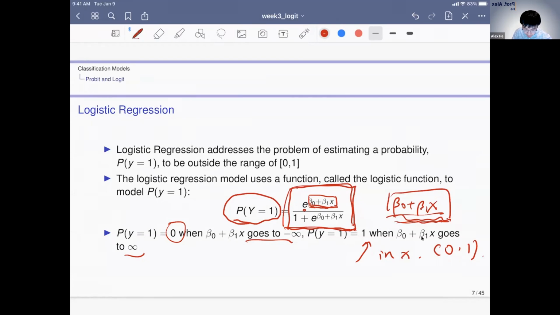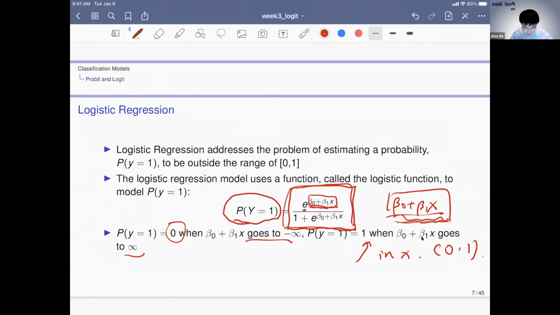For example, if it equals 0.5, then the probability of y equals 1, whatever that category is, in this case the mortgage being accepted, is 50%. So that's the interpretation. We have transformed this linear function into a nonlinear function, which is increasing in x and takes values between 0 and 1. Pretty neat.